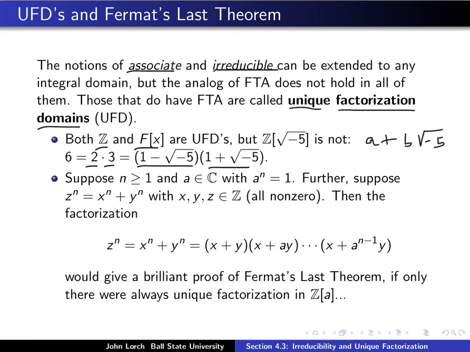For instance, let's just briefly take a look at this scenario. Let's suppose we have a complex number a that is an nth root of unity, meaning if you take a to the nth power, you wind up with 1 again. And further, let's suppose we have 3 non-zero integers x, y, and z, where z to the n is x to the n plus y to the n.